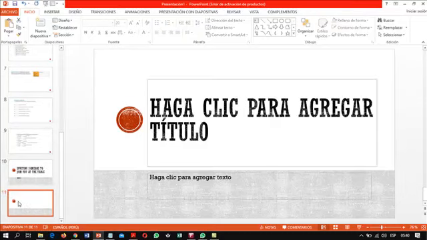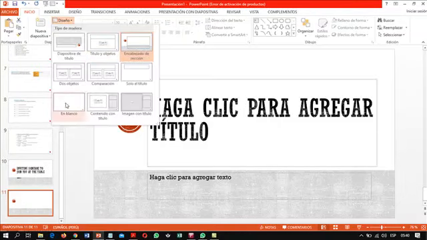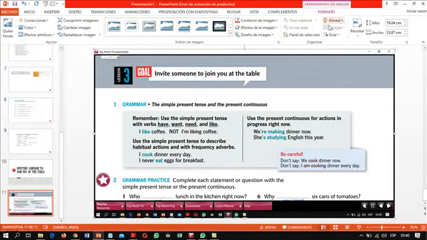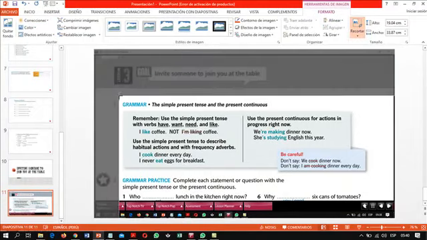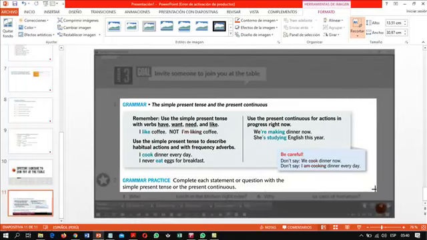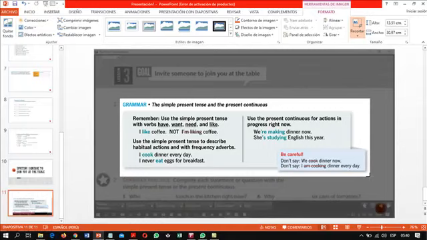Okay, so let's see. In this case, this lesson starts with grammar. I know that you all love grammar. So, the grammar for this lesson is present simple and present continuous.